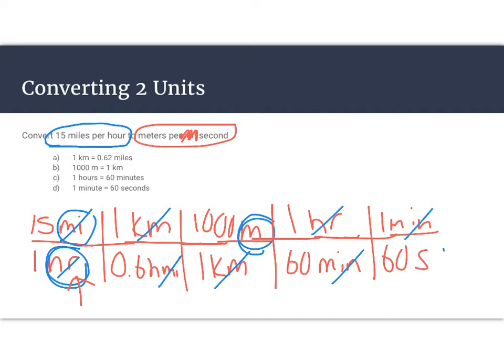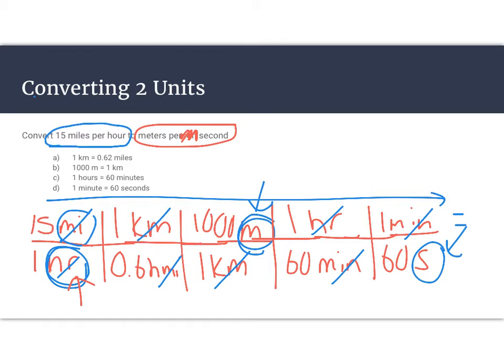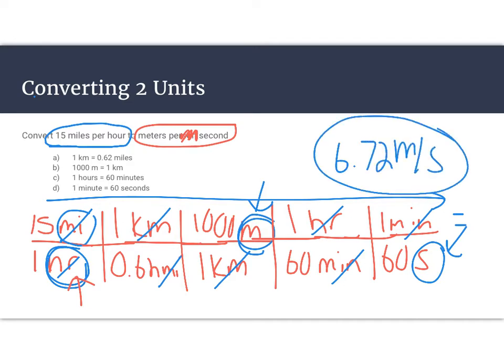So now I have my meters per second. From here, like in the previous slide, I'm multiplying all the way across, and then I'm dividing by what's at the bottom. Okay, so for my answer, I'm going to get 6.72 meters per second. Awesome.